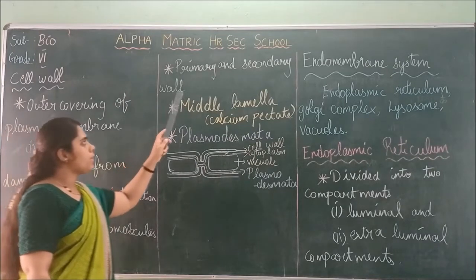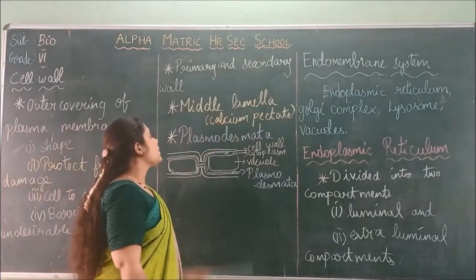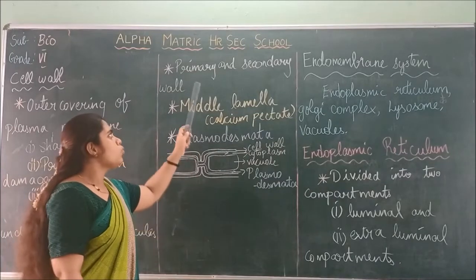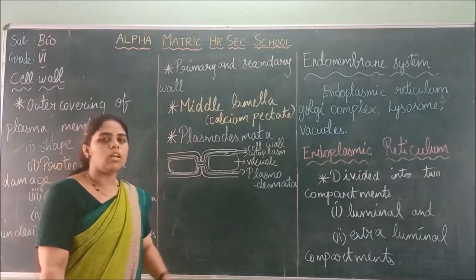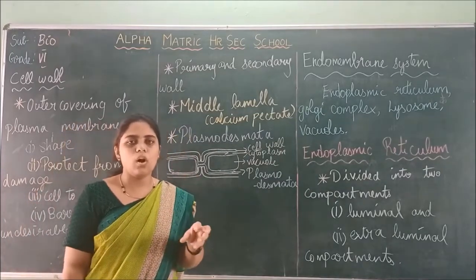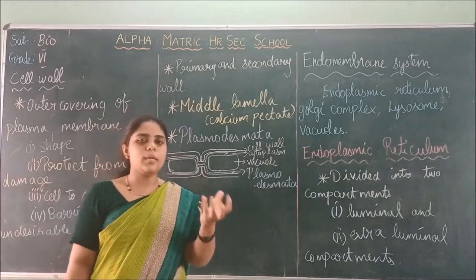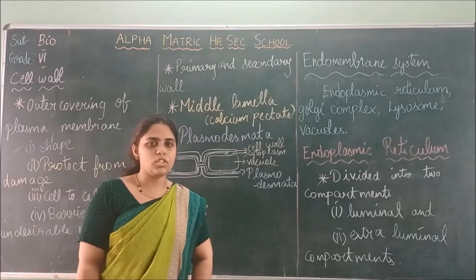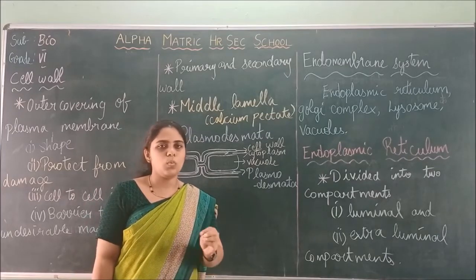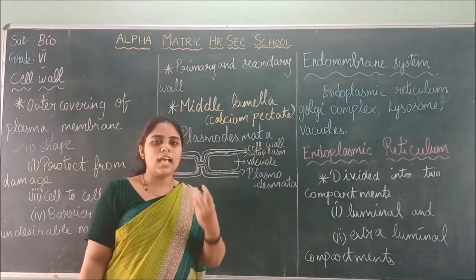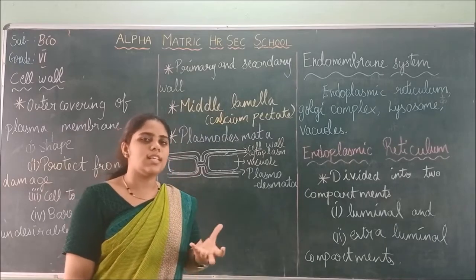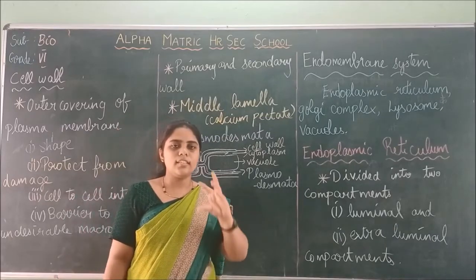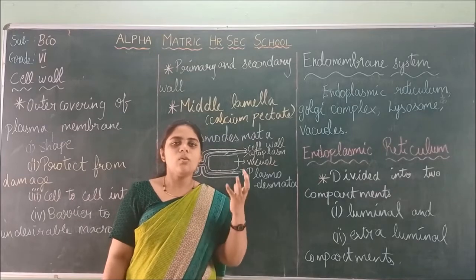And the primary cell wall and secondary cell wall are present. What is the primary cell wall? The primary cell wall will be present when the plant is very young. At such a stage, the primary cell wall will help in the growth of the cell. After it gets fully matured, what happens?